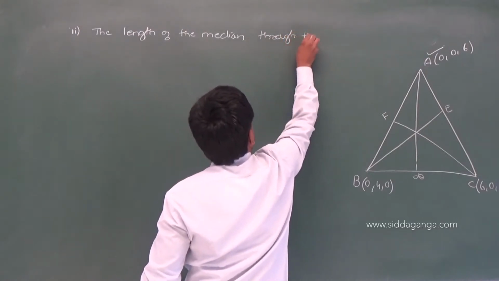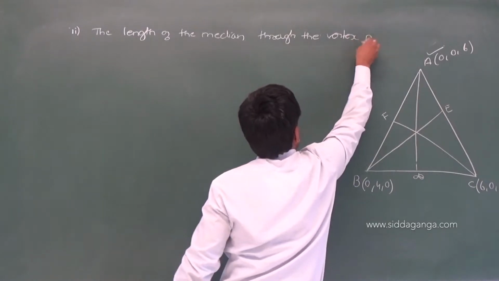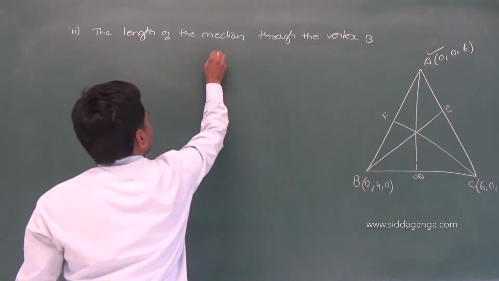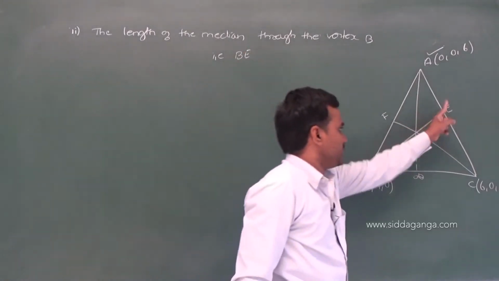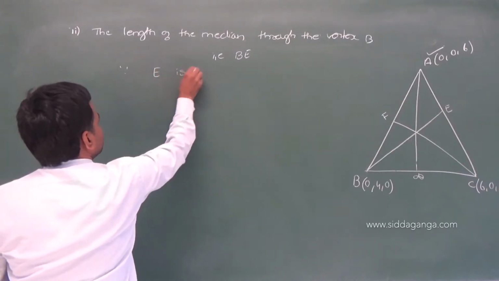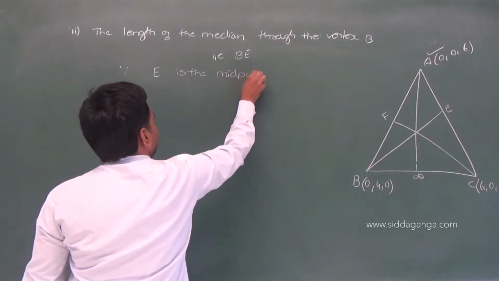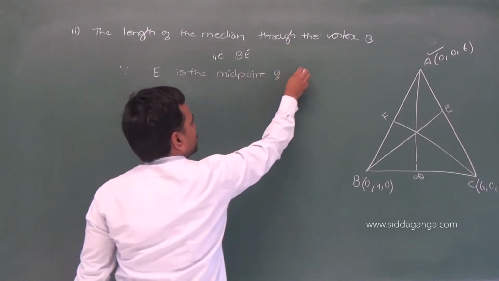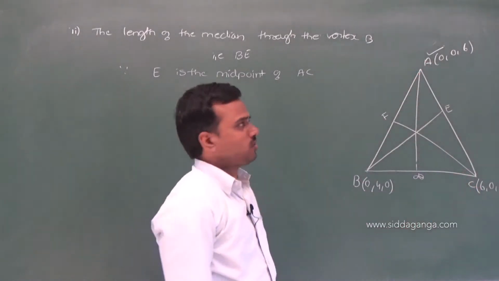Length of the median through the vertex B, that is BE. Since E is the midpoint of AC, correct now? E is the midpoint of AC.